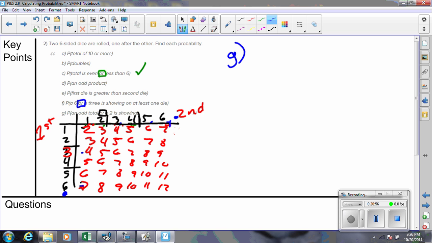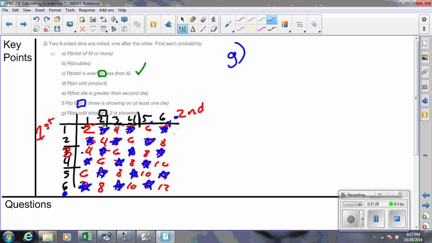total part again. So where do we have an odd total? 1, 2, 3, 4, 5, 6, 7, 8, 9, 10, 11, 12, 13, 14, 15, 16, 17, 18 of them that are odd, or a 2 is showing.